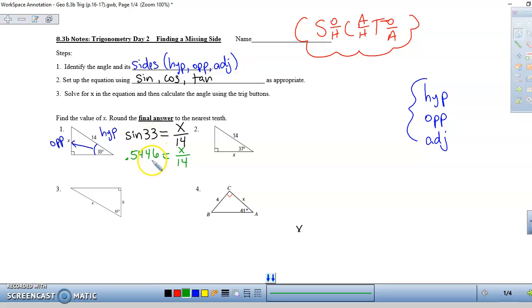And then from algebra last year, you probably or hopefully do remember if there is a number in the denominator and you want to move it to the other side, you multiply. So here, to get x by itself, I'm going to multiply by 14. Now, generally, we write that in front of this number. So I'm going to write it in front. So I'd say 14 times 0.5446 is equal to x.